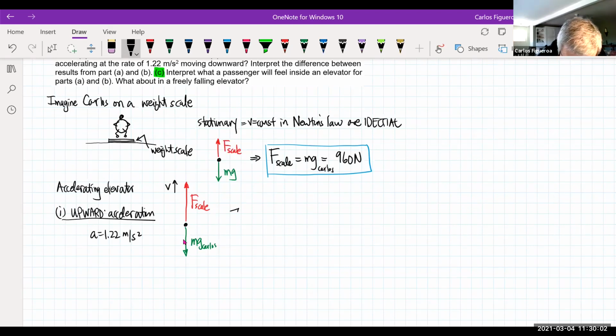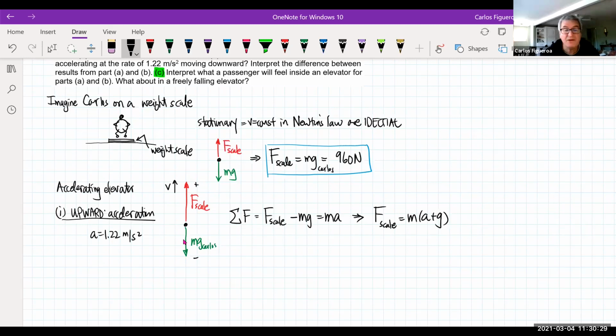With up being positive and down being negative, the net force acting on Carlos is the F of the scale minus mg, and this is ma. So when we do this, you're going to see that the scale reading has the same equation that we saw last time.